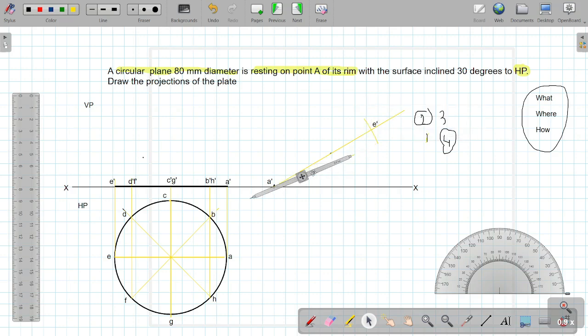Now similarly we have to plot all the points. Starting with D and F, keeping the center at A and marking an arc, this is D dash and F dash.